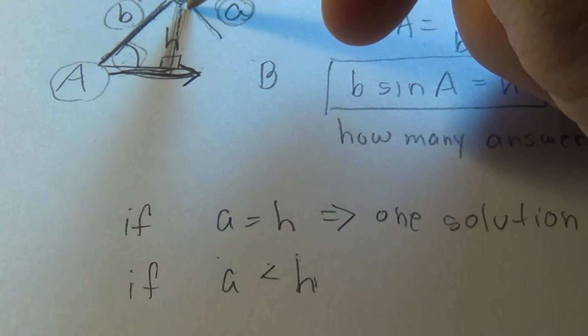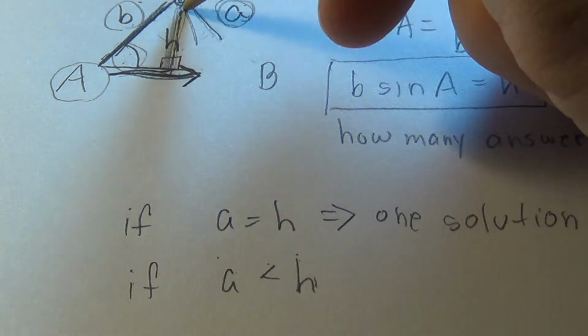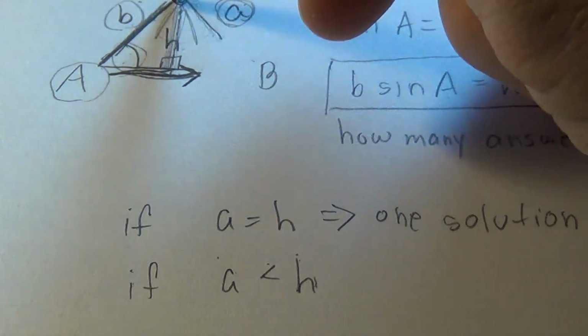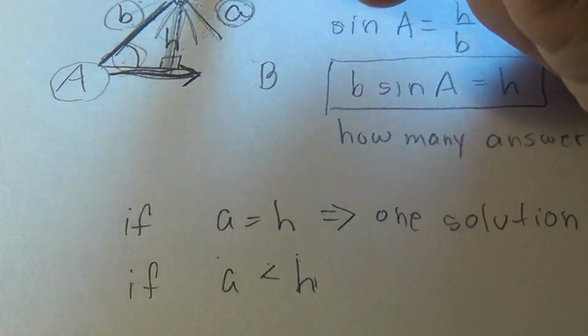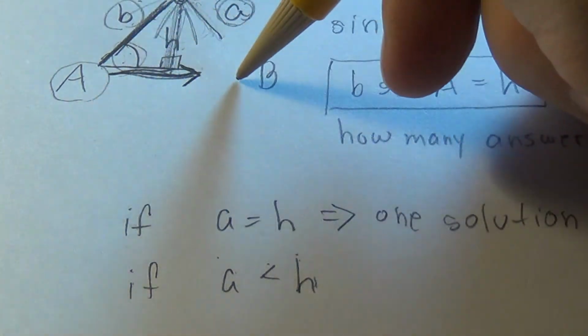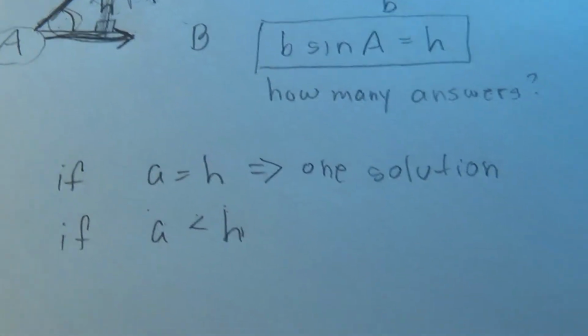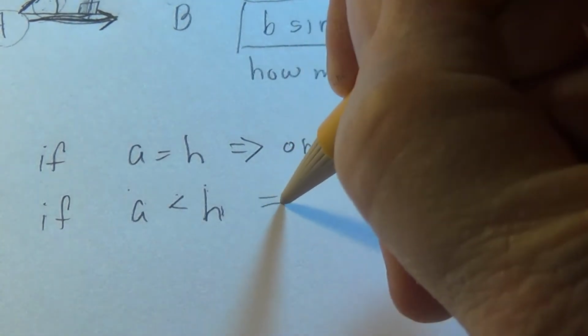No matter what angle I put it, I can swing it all around. I can put it here and here and here and here. I can swing it all the way around this point, and it will never meet this side and make a triangle. So then your work is even quicker. There's no solution.